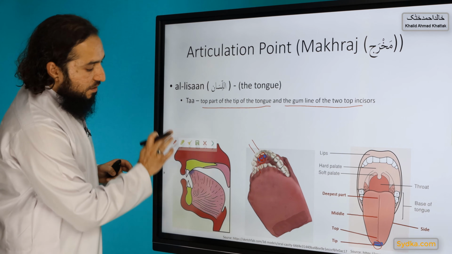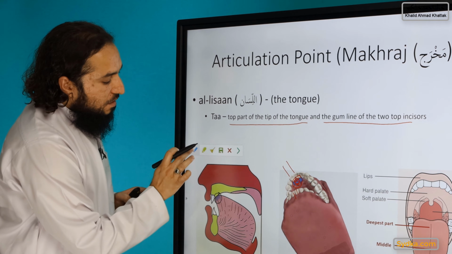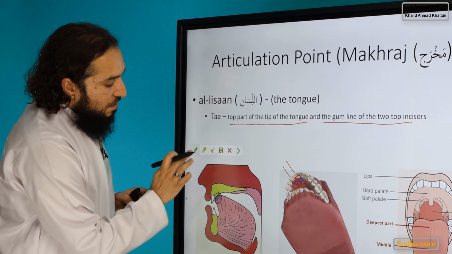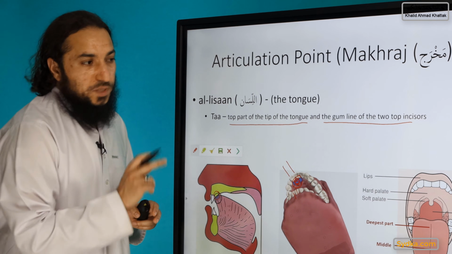You can see it in this diagram as well. So we use the top part of the tip of the tongue and the gum line of the top two incisors.